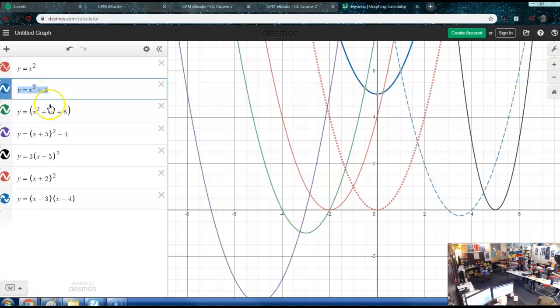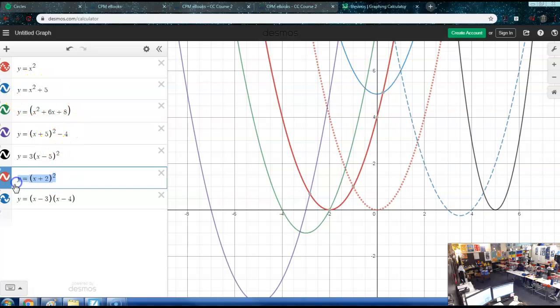That was the first one we wrote down. Then we wrote down horizontal. So vertical is the first, horizontal is the second, stretch/compress is the third.